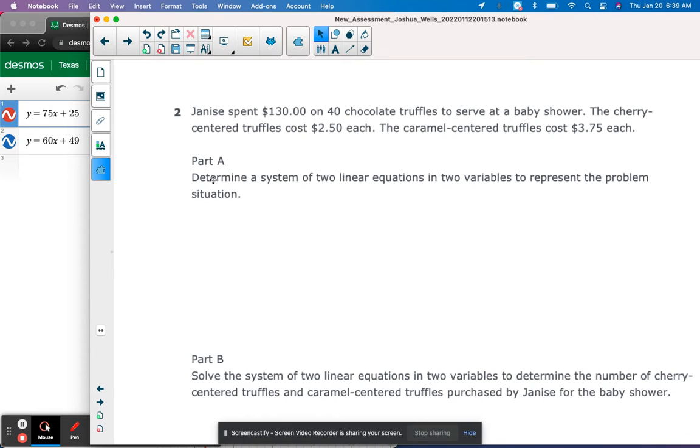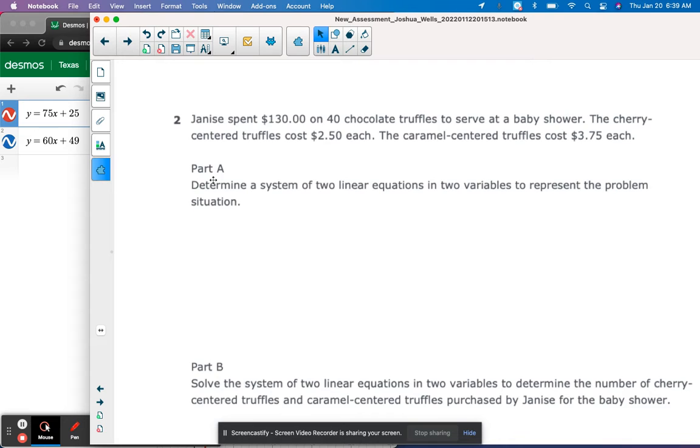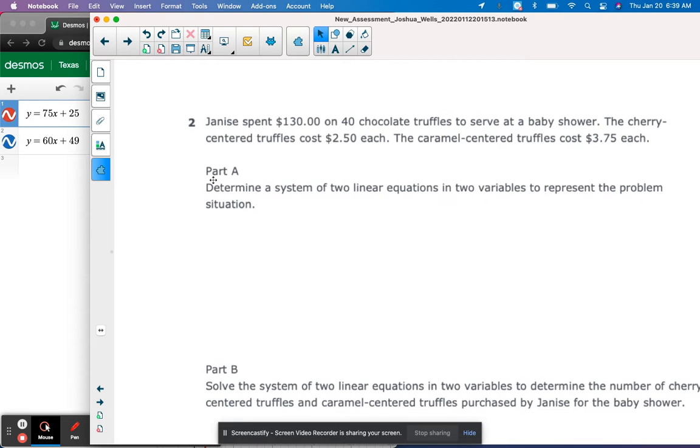So first thing we need to figure out is what are the two situations we have going on here. If you look at the first sentence, I always try to look for totals. So for the first sentence, we have a total cost and a total number of truffles.